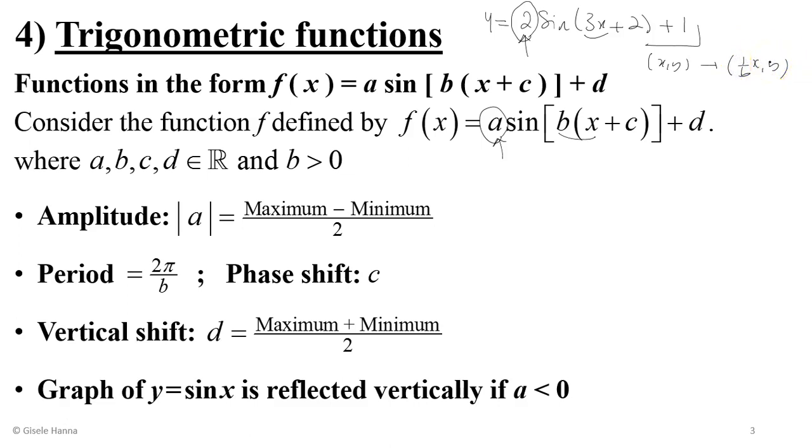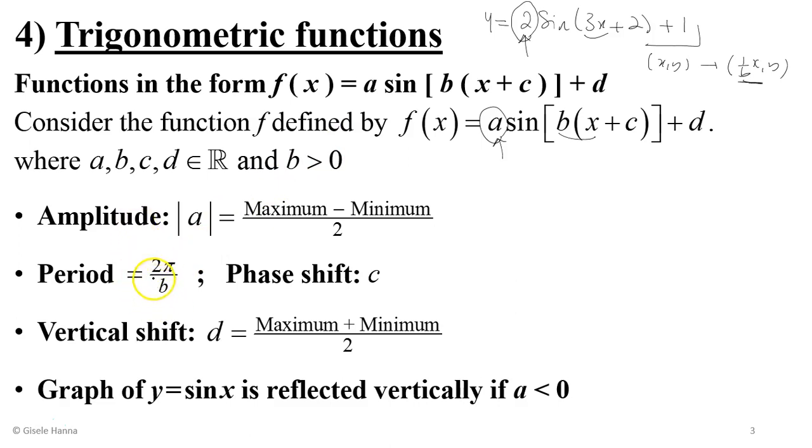This is according to horizontal stretches or horizontal dilations. So it's for that reason that the period of this function would be 2 pi over b. If sine or cosine originally have a period of 2 pi, then sine of bx would have a period of 2 pi over b because the curve was stretched horizontally by a factor of 1 over b.